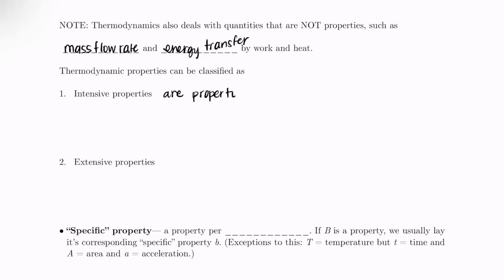So these are properties that don't depend on the size of the system. Can anybody think of a property that wouldn't depend on the size of the system? So it doesn't matter how much of the thing you have, the property is the property.